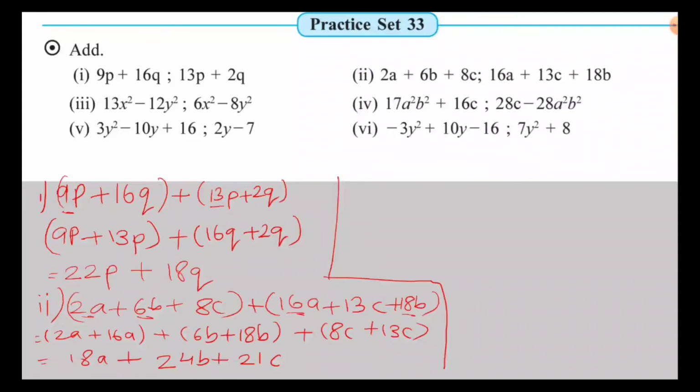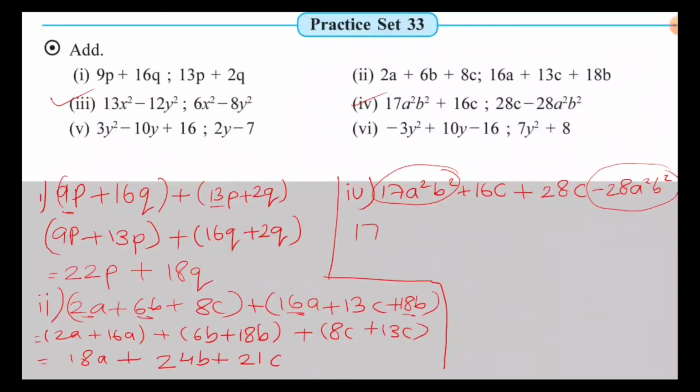Next, the third sum will be homework for you all. I'll just solve the fourth sum for you all. 17a square b square plus 16c, adding it with 28c minus 28a square b square. So 17 will be added or subtracted because it is having a subtraction sign. So we will be writing minus 28a square b square.